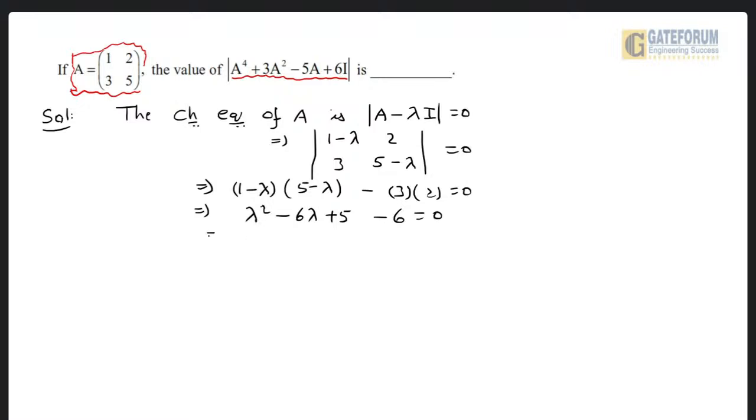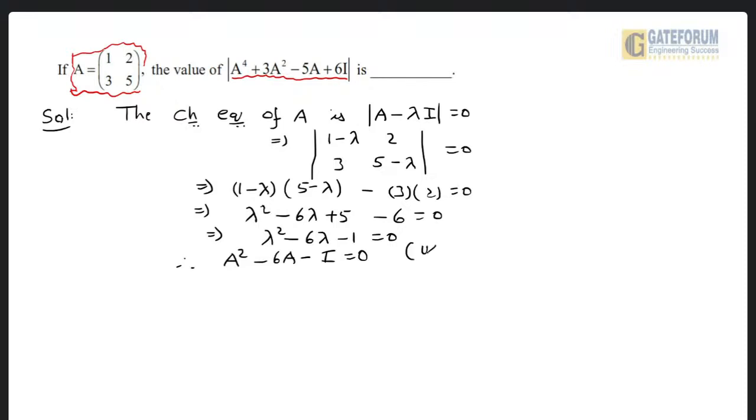So finally, this simplifies to lambda square minus 6 lambda minus 1 is equal to 0. Therefore, we get an equation in A, a polynomial matrix in A: A square minus 6A minus I is equal to 0.